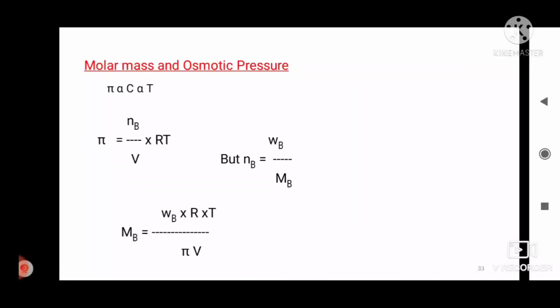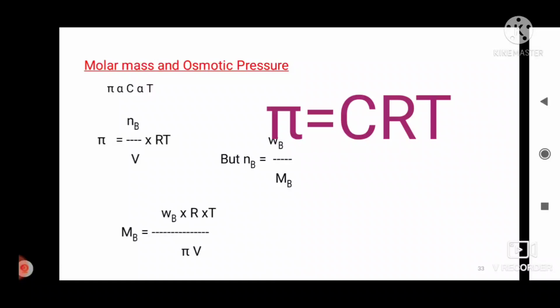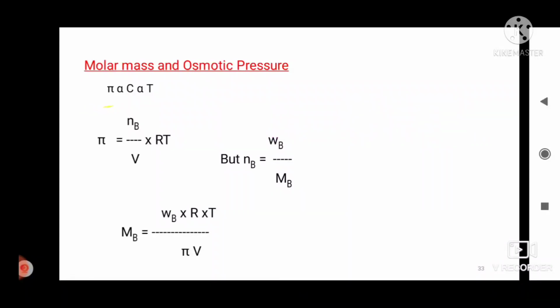For dilute solutions, it has been found experimentally that osmotic pressure is proportional to the molarity C of the solution at a given temperature T. Thus, pi equals CRT. Here pi is proportional to C and proportional to T, where pi is the osmotic pressure, C is the molarity and T is the temperature.